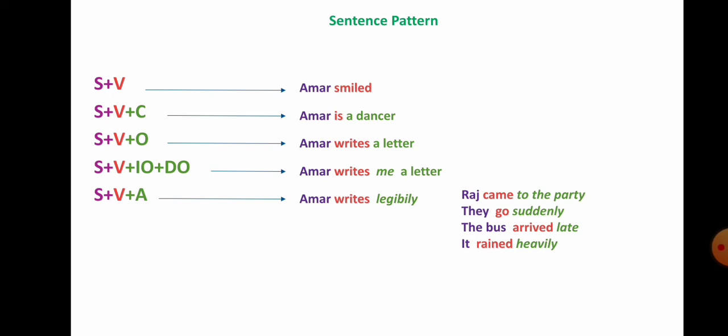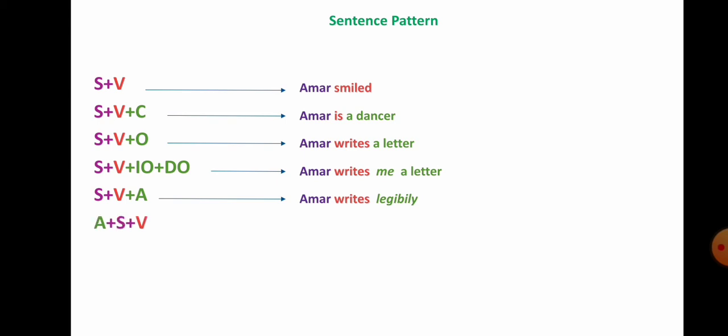Whereas in the second, they go suddenly. Suddenly is an adverb. So all the adverbs are adjuncts, as well as the words which are preceded by prepositions. The next type of sentence is ASV pattern, where the adjunct comes initially to make an emphasis.